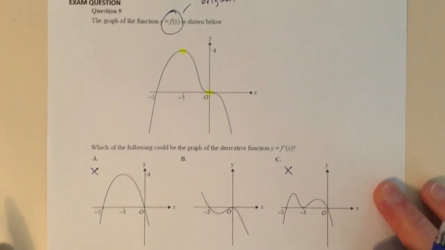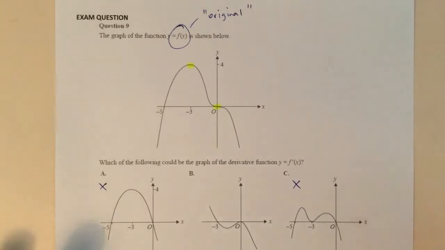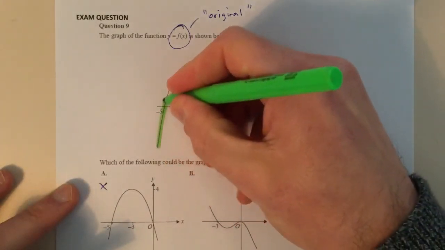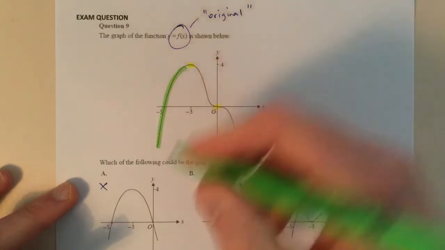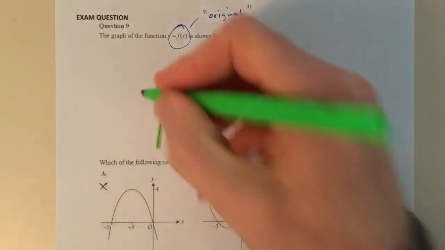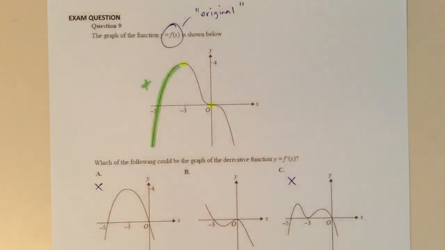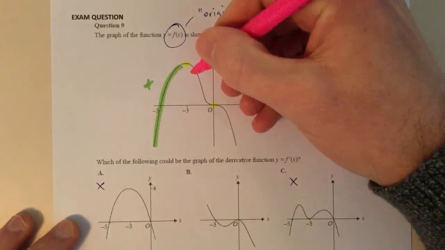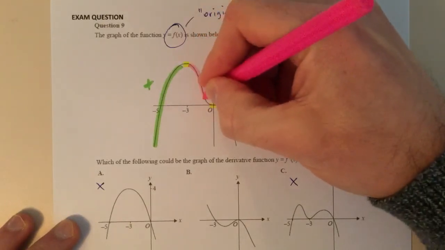The way that you can decide that is to think about, okay, we've got our stationary points covered, but where is the gradient positive and where is the gradient negative? You can see that from, I guess, -infinity to -3, we've got positive gradient here. And in the other sections, besides the stationary points, we've got negative gradient.